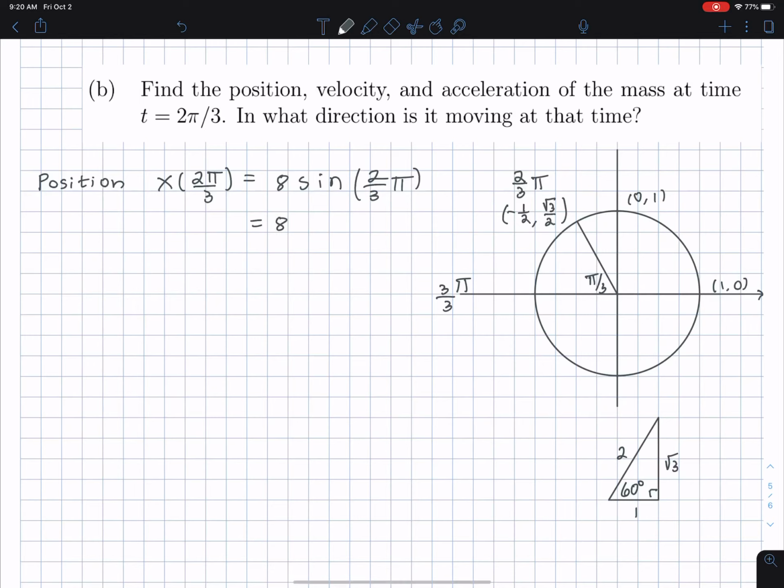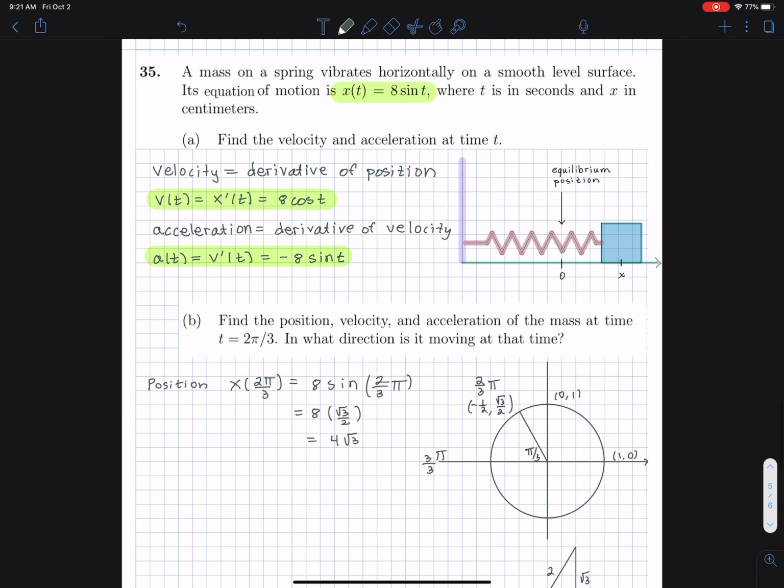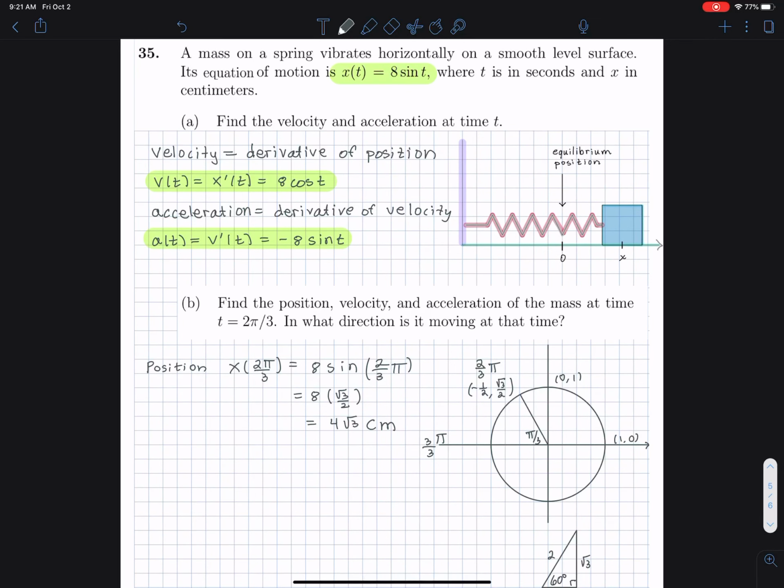Sine is the y-coordinate, so it's going to give square root of 3 over 2, and that makes 4 rad 3. And that is in what units? It says centimeters.